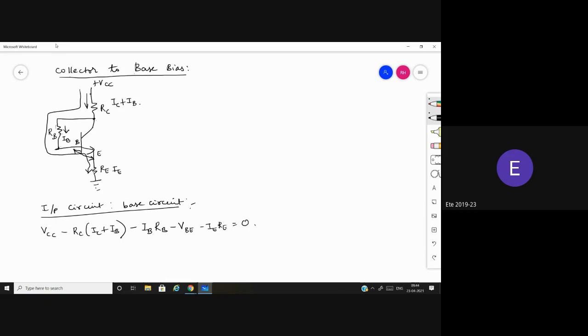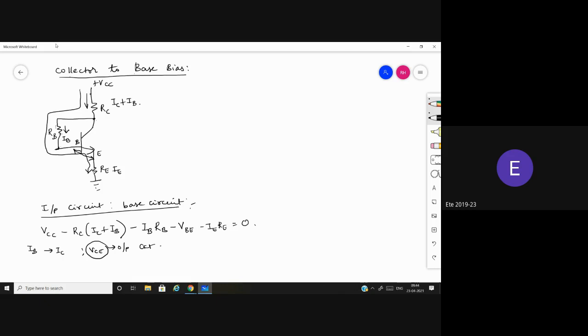To find the base current, we are going to apply KVL to the input circuit. First is to find IB. From IB, we are going to find IC. Later on, we are going to find VCE, and this VCE we are going to get from the output circuit.